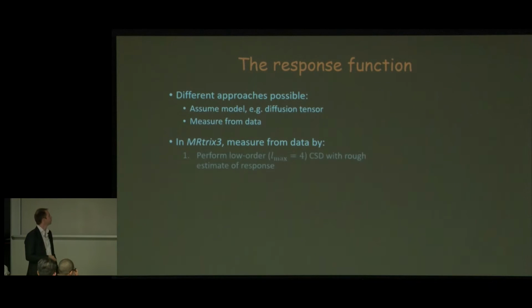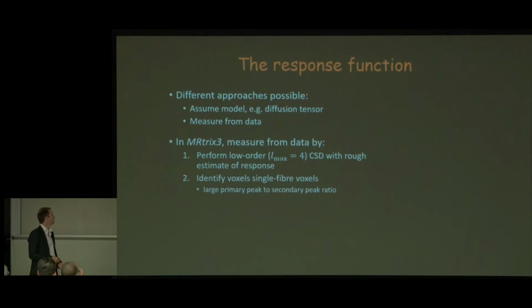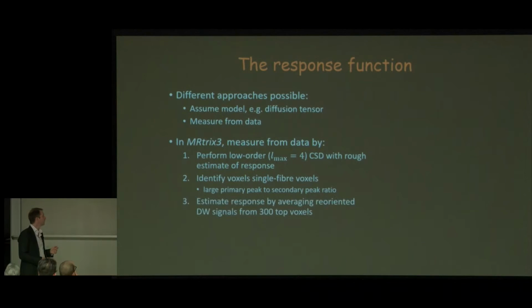So what we do is we perform a first pass, which is a low order CSD with a rough estimate of what the response should look like, so you know roughly what it's going to look like. Identify voxels that have single fibers in them, and that's basically based on the peak amplitude ratio between the primary peak and the secondary peak. And then you average the signal from the top 300 voxels that you've identified by just reorienting their signals and averaging that.